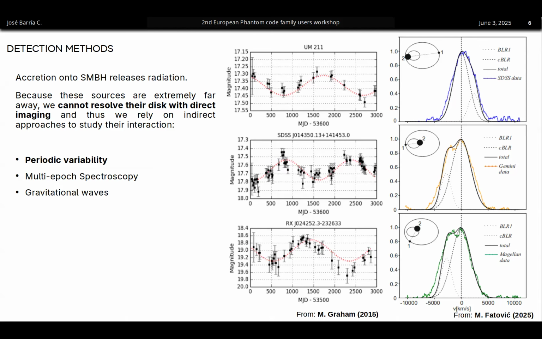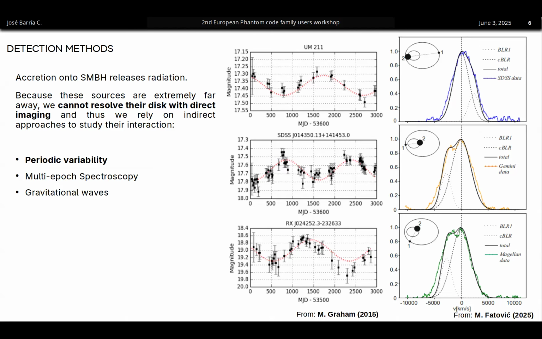In this case, this paper from 2025, they observed the same magnesium II emission line from the quasar at different times, and they use a model that can output the mass ratio of the black holes and also the positions of the black holes, which is a very useful method actually. And the third method is from gravitational waves, which will become relevant in the future when the LISA project becomes operational.